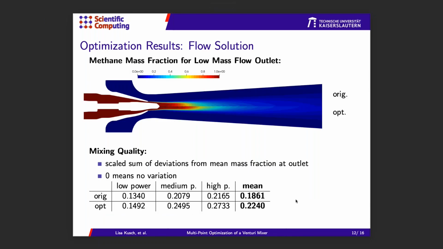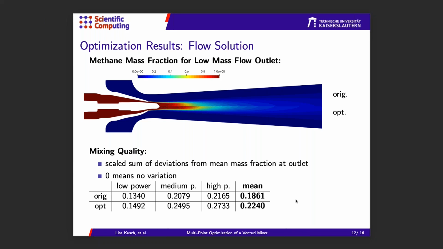Okay, so back to the mixing quality. On the top, you see the comparison of the methane mass fraction for, in this case, the low mass flow outlet condition, so the low power case, original versus optimized design.